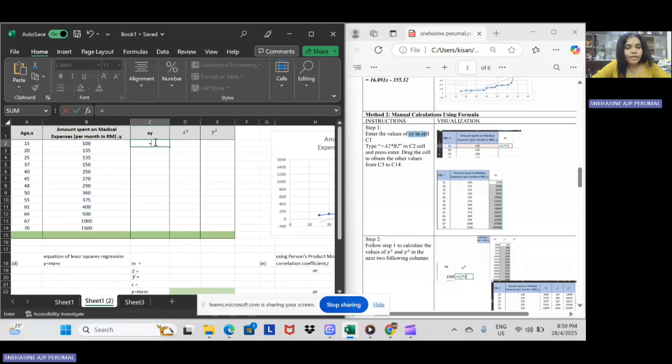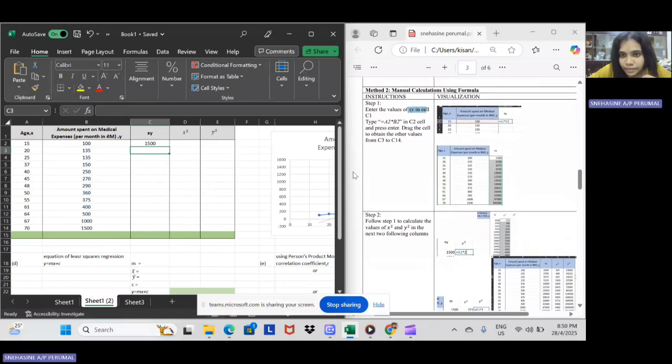So the way we have to do in Excel is we have to click on 15, and then you have to press the star on the laptop, and then you have to click again on the 100. So you can get the answer for the xy.